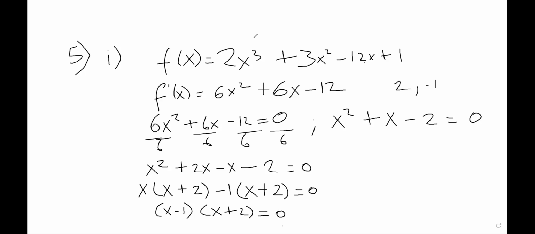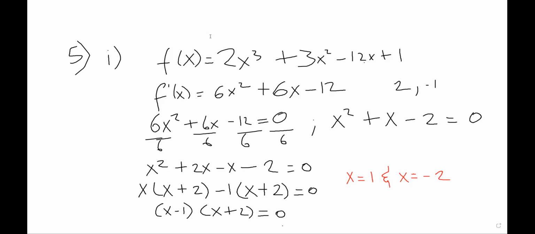And from this, we can easily see that our stationary points are x is equal to positive 1 and x is equal to negative 2, right?